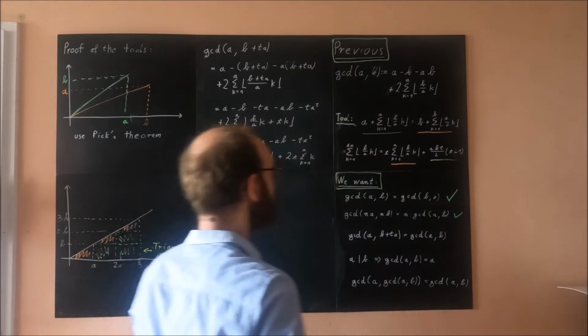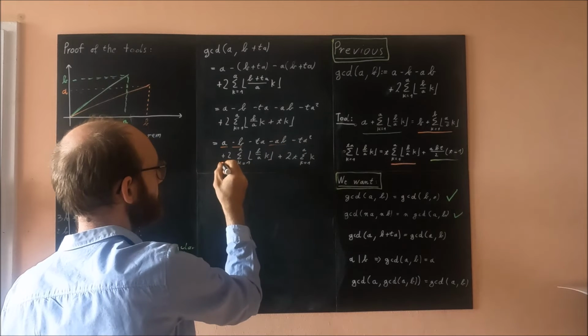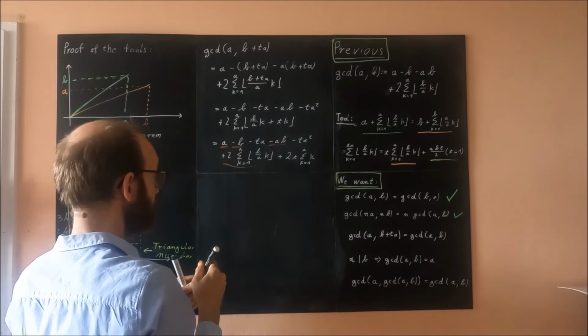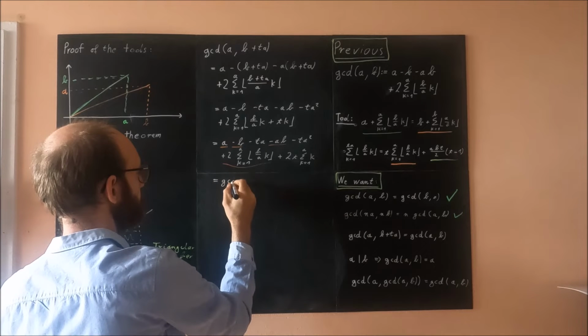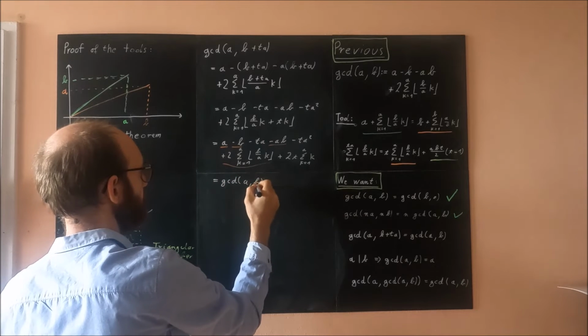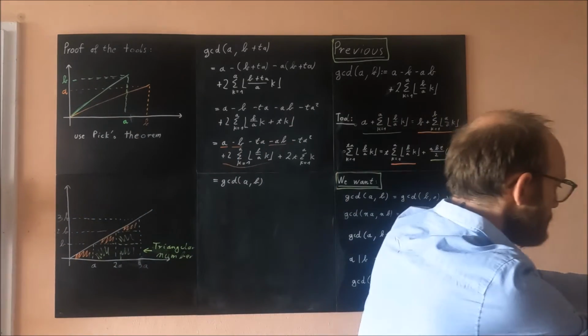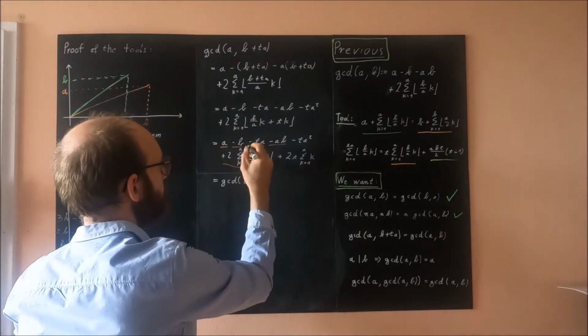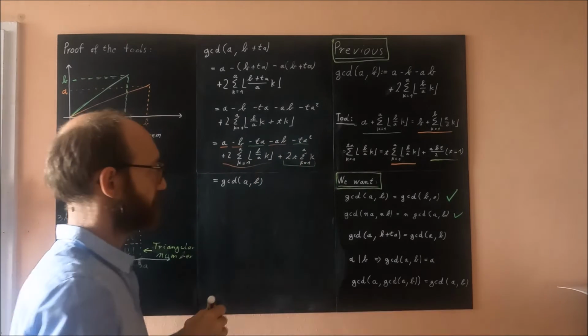And now we have a minus b minus ab plus 2 times our sum. This is by definition the GCD of a and b. And we are left with minus ta squared plus 2 times this sum.